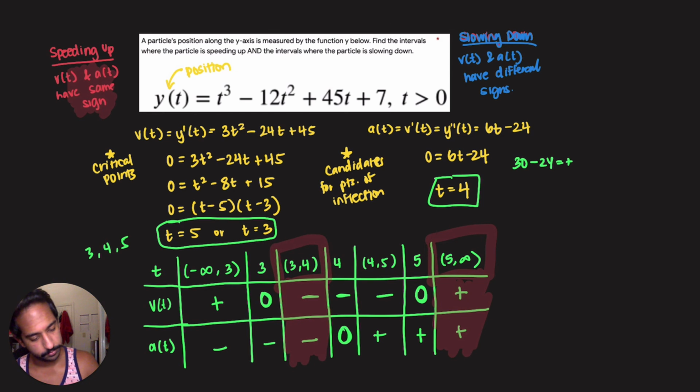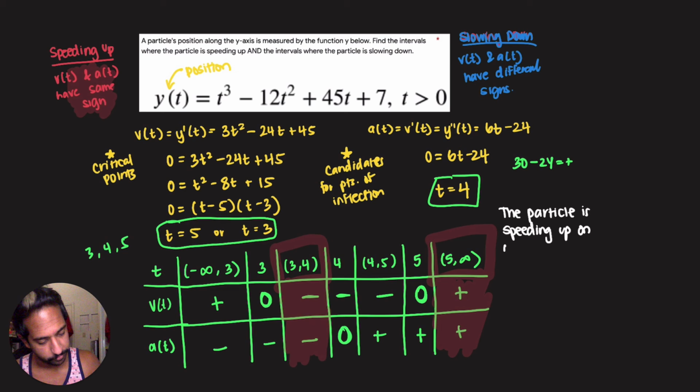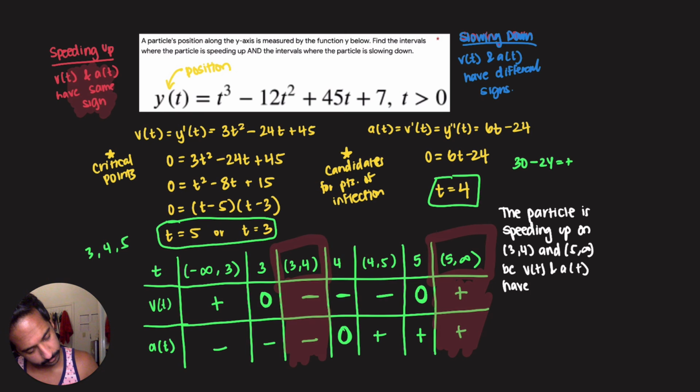The particle is speeding up on, and we just named the intervals, on 3 to 4 and 5 to infinity, because v of t and a of t have the same sign.